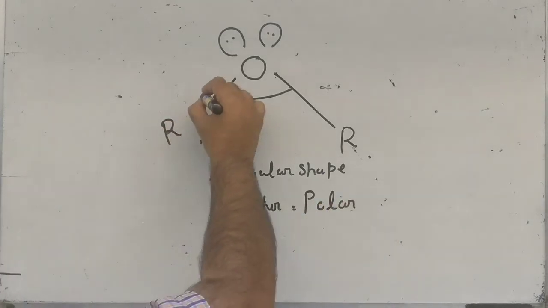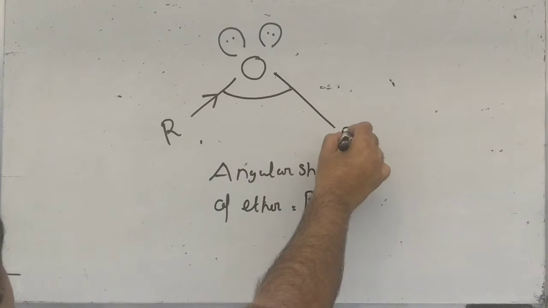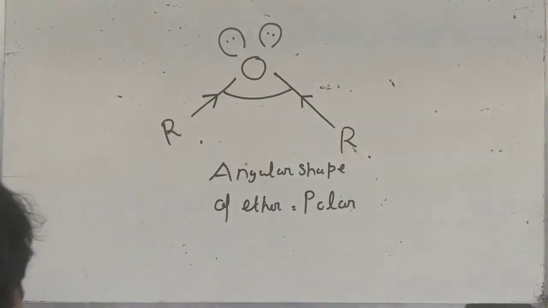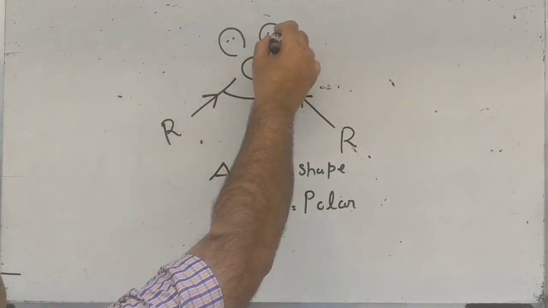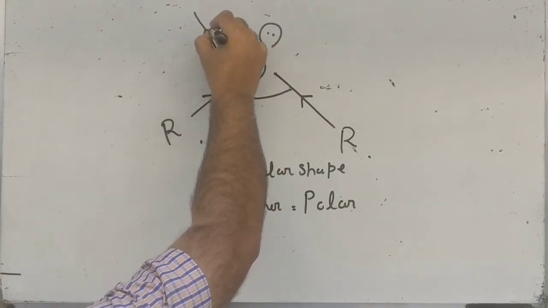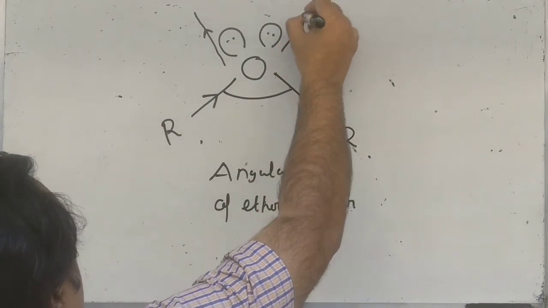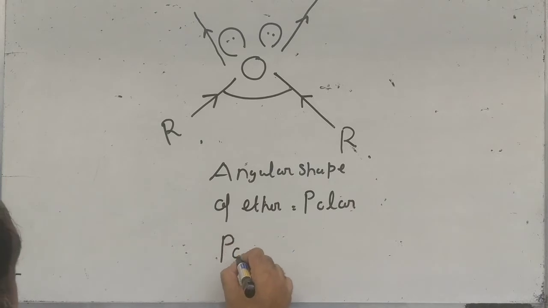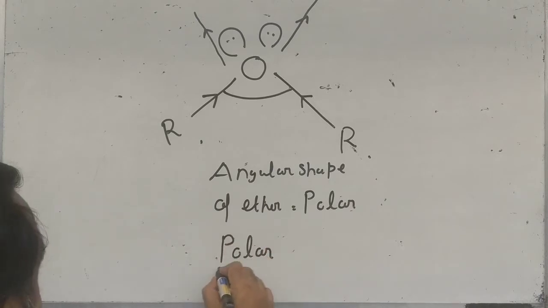Now the R groups are going to push electrons like this, and to the dipole, even these lone pairs will contribute. The contribution of the lone pair towards the dipole is outwards. So you can see all the vectors are pointing upwards. They will add up, and the molecule of ether is going to be polar. It has a dipole.